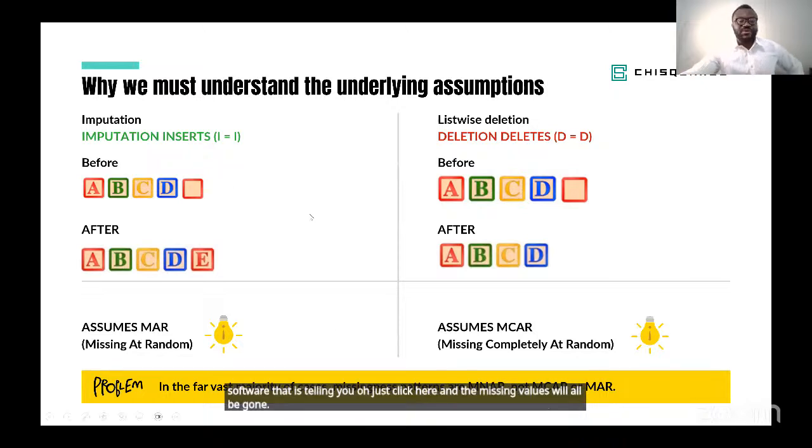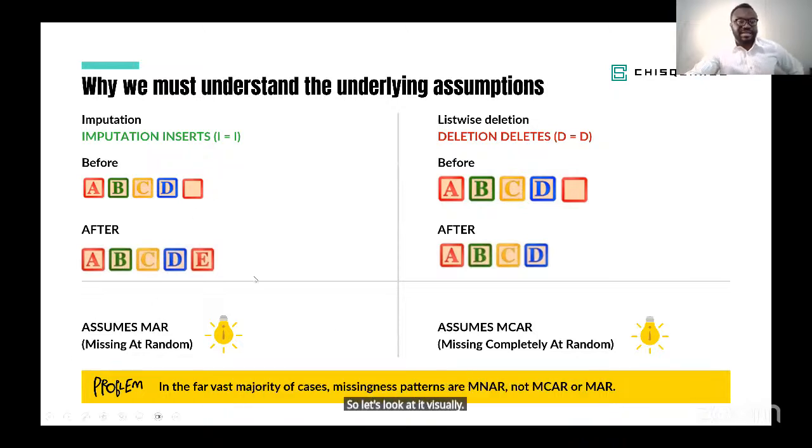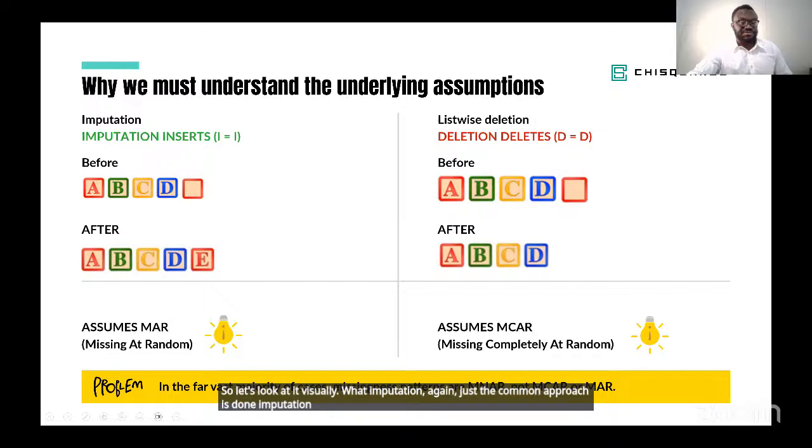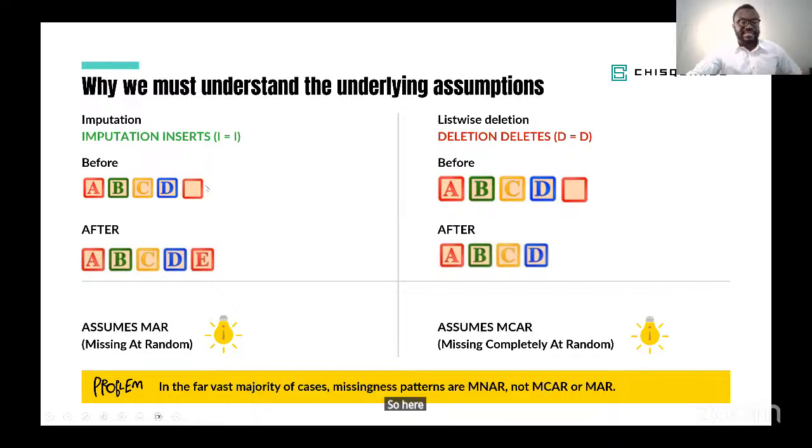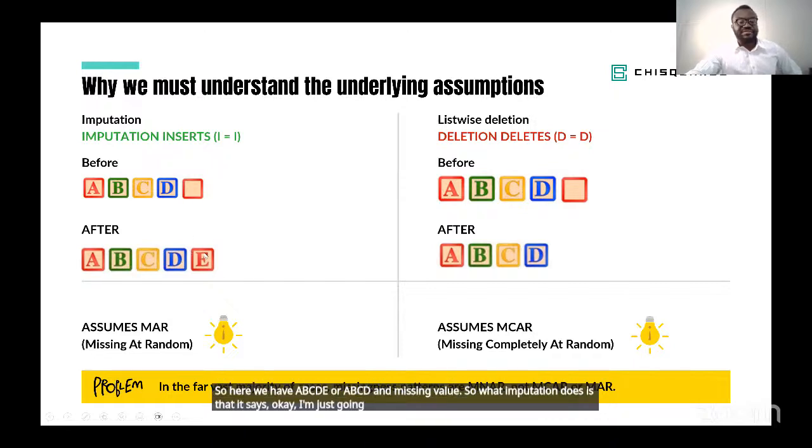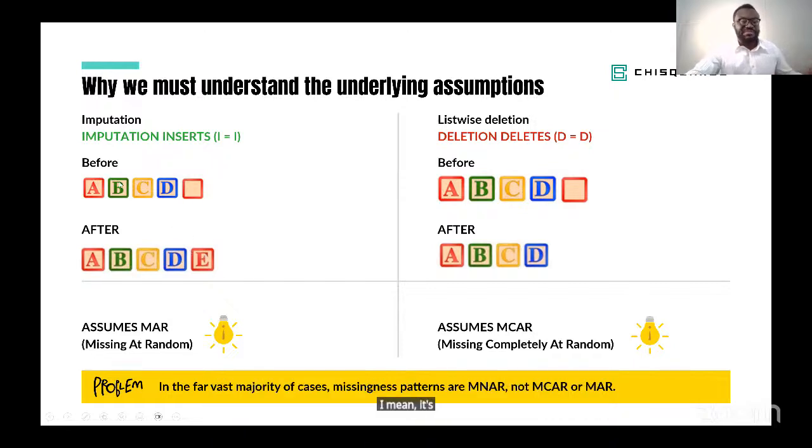So let's look visually at what imputation and deletion, the common approaches, do. Here we have A, B, C, D and a missing value. What imputation does is say, okay, I'm just going to guess the value here. It's a lot of regression, but it's still a guess.